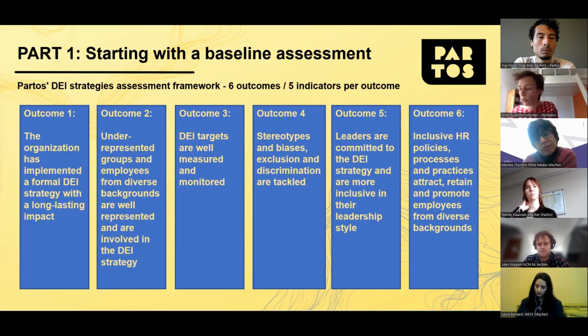Or does your organization have a system in place to measure different diversity levels at the level of hiring or promotion or exit, beyond the demographics of only gender, age, or nationality? Does your organization share publicly data on the diversity composition of the workforce and compensation levels?